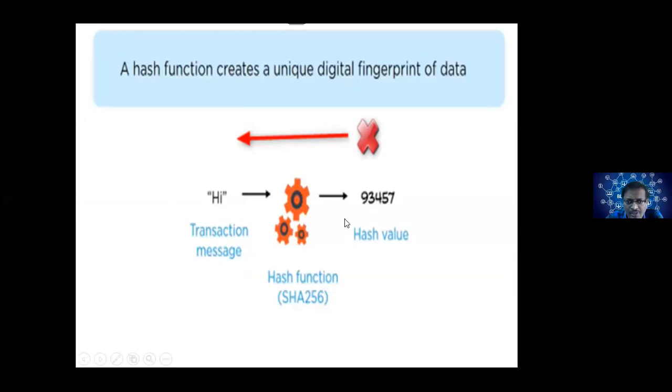The hash is one way, that is, from the plain text we generate the hash value, but the reverse cannot be done. Reverse is not possible. So this is the hash generation.